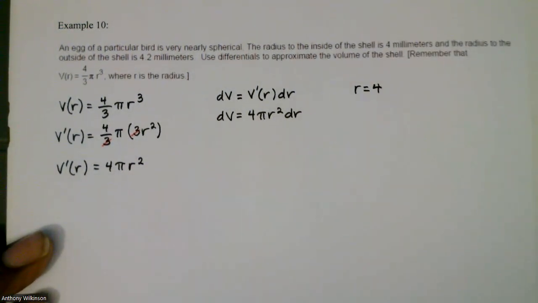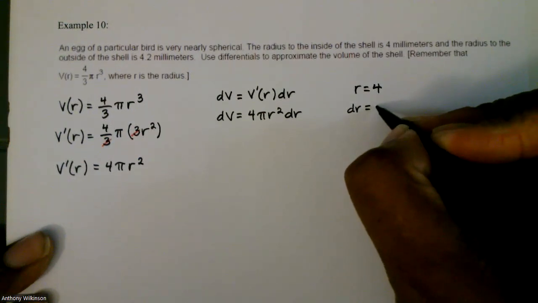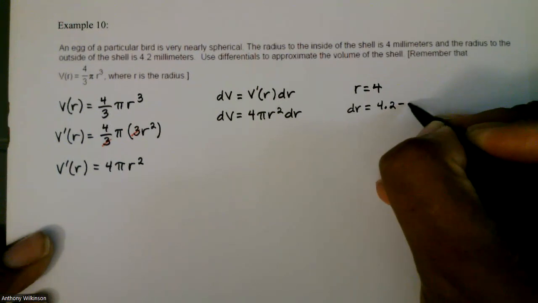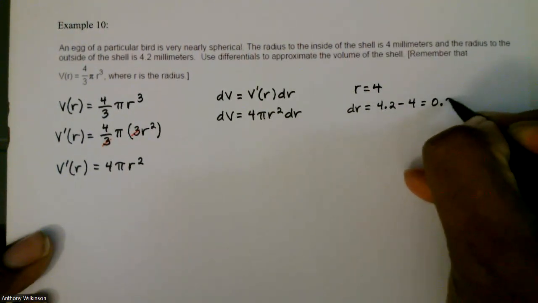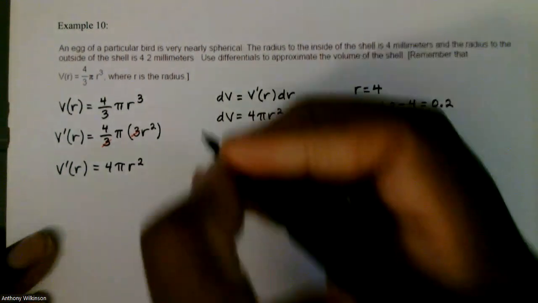That's the radius for the inside of the shell. But now we've got the radius to the outside of the shell, 4.2. So to find out what dr is, we need to take the radius to the outside of the shell minus the radius to the inside, which is 4. So 4.2 minus 4 would be 0.2. That's what dr is, the change in the radius.